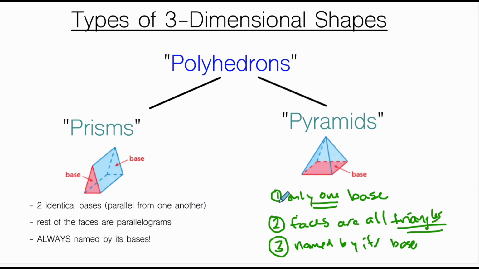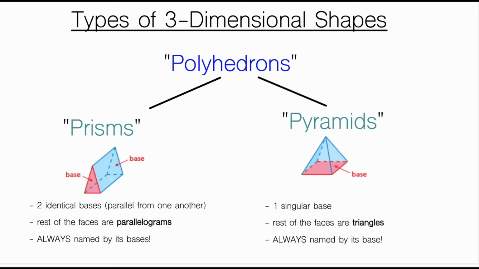The only differences between these 2 shapes are in a prism, there are 2 identical parallel bases, whereas in a pyramid, there is one base. In a prism, the non-base faces are all parallelograms or rectangles, if you'd rather.